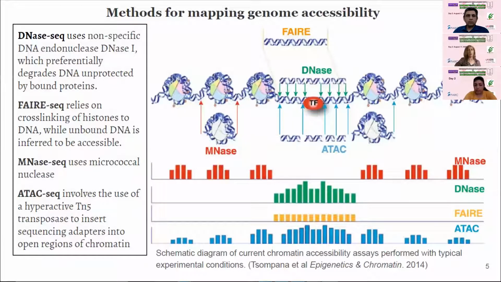This is one of the newest techniques for knowing the genome accessibility, and it is quite widely used because it is very simple and has a very fast experimental procedure. It can be used on single cells as well as frozen tissues. So it is better than the other three techniques.